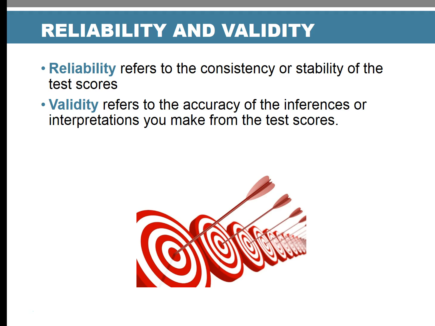So in summary, reliability and validity are different but similar concepts. They're related to each other. Reliability refers to the consistency or stability of scores, and validity refers to the accuracy that we can make interpretations from those scores. So reliability equals consistency, validity equals accuracy.